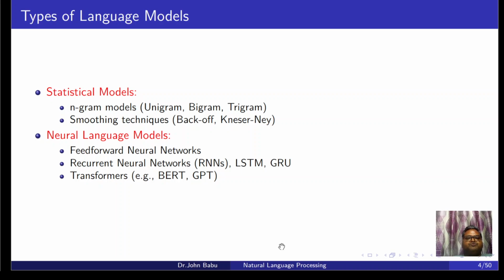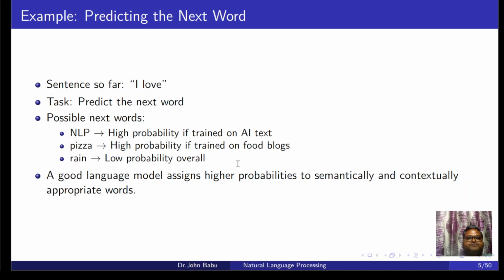Then we are going to see the smoothing techniques, especially back-off smoothing, linear interpolation smoothing, and Kneser-Ney smoothing. The second category is neural language models, which include feed forward neural networks, recurrent neural networks (RNN), long short-term memory (LSTM), GRUs, and transformers, which are BERT and GPT. These are neural language models.